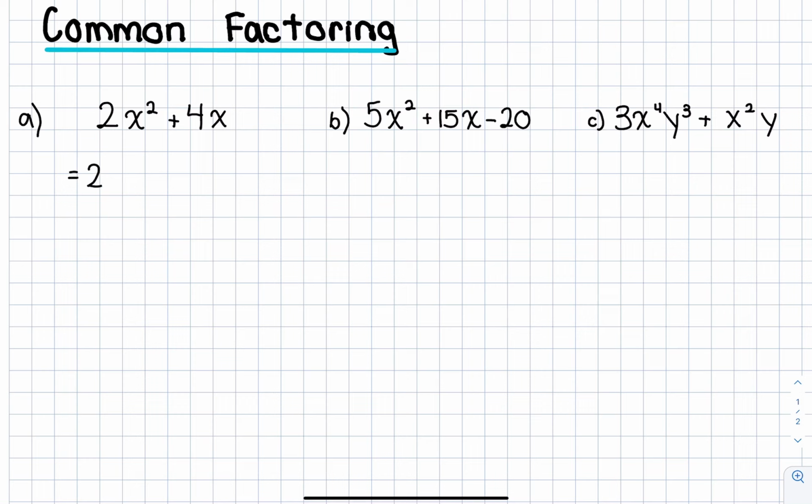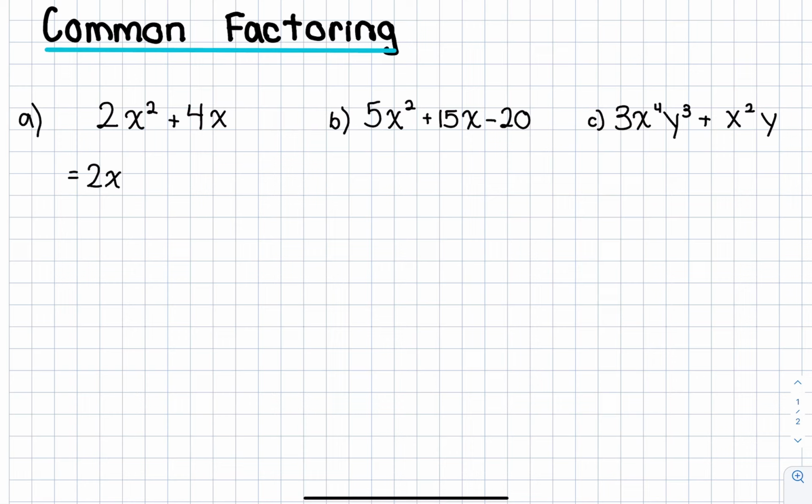We also can see that we have an x in both terms. However, you always pull the lowest amount because we only have one x right here, and we have x squared. So we only have enough to pull one x out of the terms.